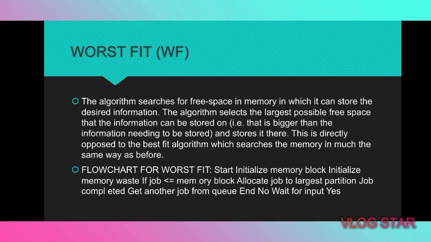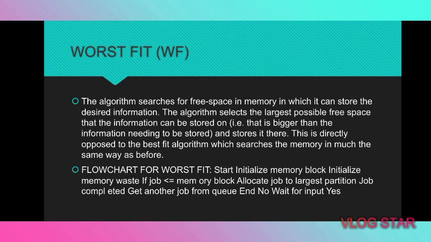So worst fit, or the WF. The algorithm searches for free space in memory in which it can store the desired information. The algorithm selects the largest possible free space that the information can be stored in, that is bigger than the information needing to be stored, and it stores it there.